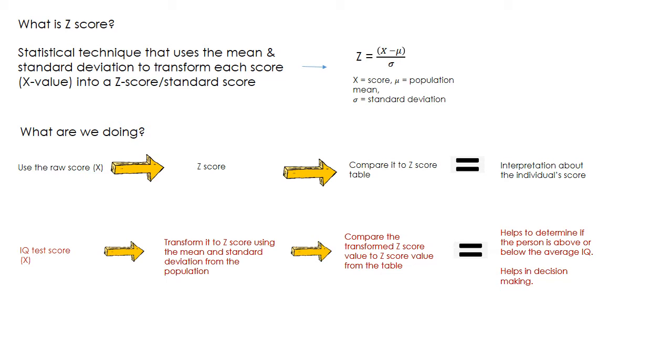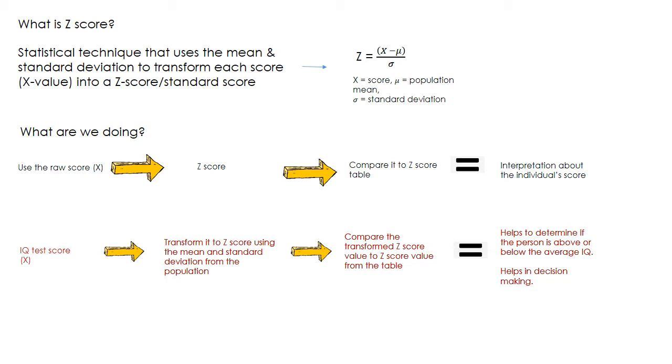Once you convert it, you get a z-score value. This z-score value can be used in finding the proportion or percentage, whether you are in the top 10 or below. At least it gives us a location. It tells us whether you are above or below, and how far above or below the average IQ.